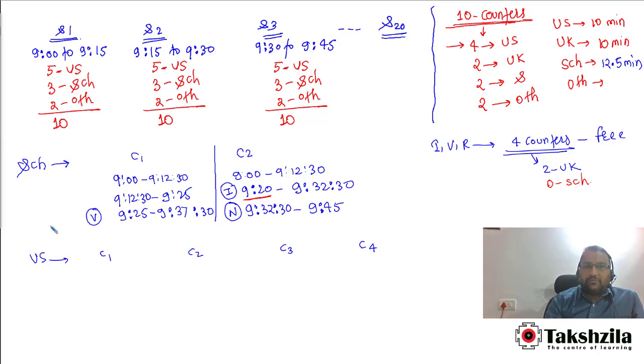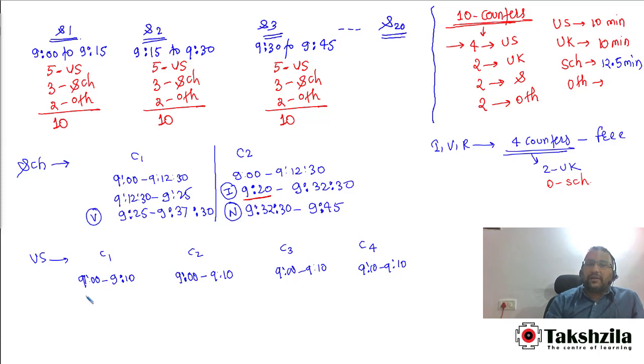The first applicant will start processing at 9 o'clock and that will go till 9:10. 10 minutes are required in the US category for each application. The second applicant will get called at the second counter at 9 o'clock till 9:10. The third applicant again 9 o'clock till 9:10. The fourth applicant again 9 o'clock till 9:10.